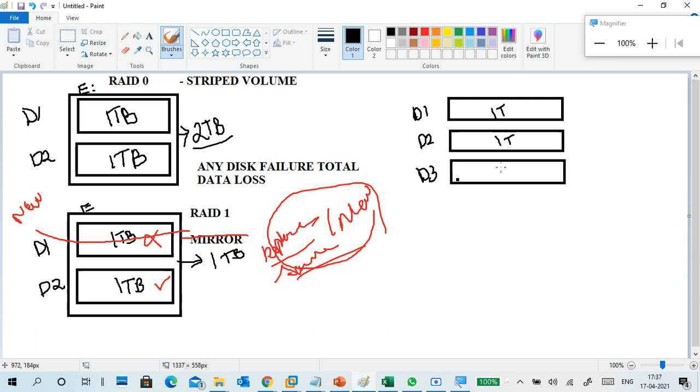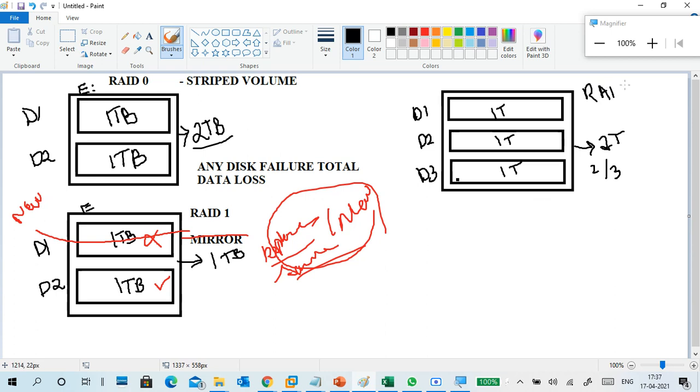The total combination of the 3 disks is 2 terabytes. It means you get 2/3 of the total disk space. So this is called a RAID 5.